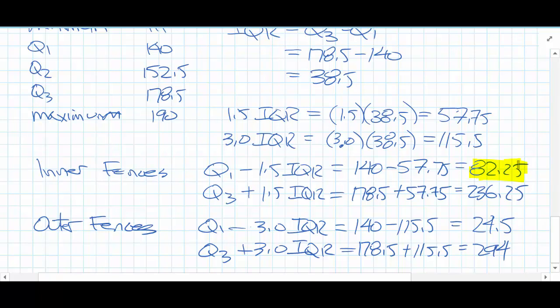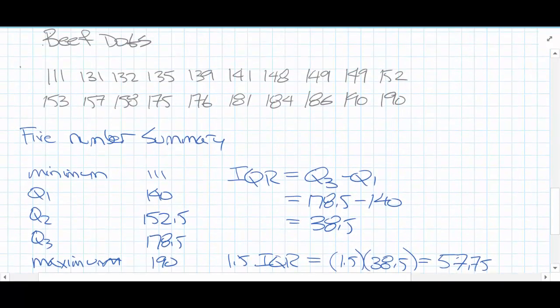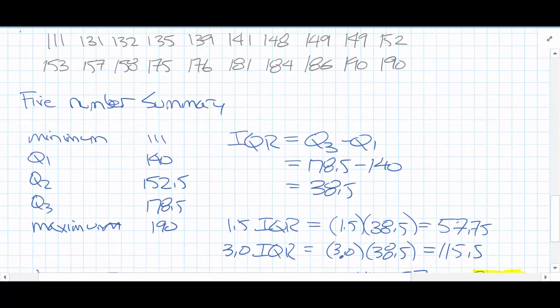The upper inner fence is Q3 plus 1.5 times the interquartile range. Q3 was 178.5 plus 57.75 is 236.25. Those are our inner fences. Let's see if there are any outliers. In other words, we're looking for data values outside of those limits. Looking at the data, what about the lower fence, 82.25?